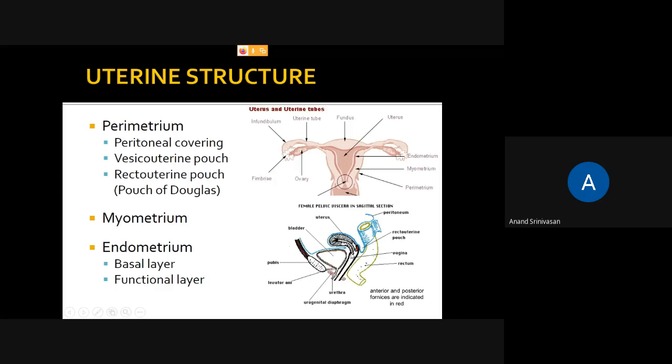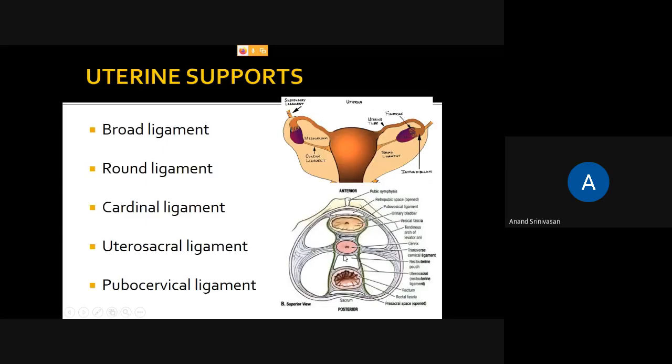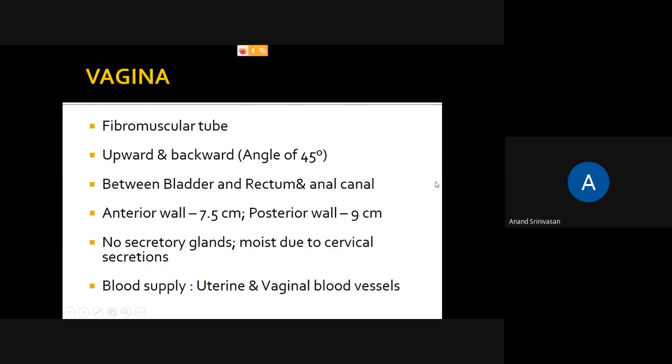This is the anterior wall of the vagina, and this is the posterior wall of the vagina, and you can see that the posterior wall is slightly more than the anterior wall. These are the approximate centimeters: the anterior wall is 7.5, whereas the posterior one is 9.